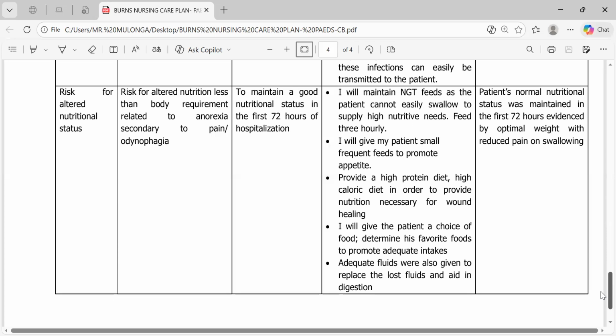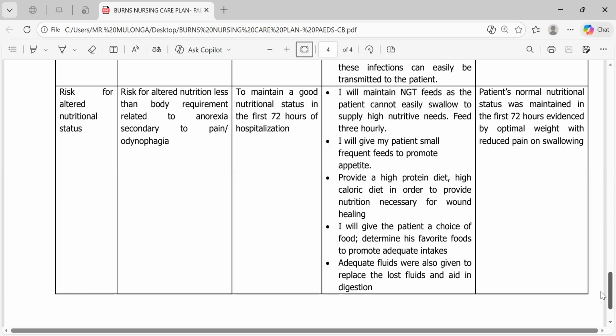So to be specific, especially this one, for risk of altered nutritional status, I added it if this child is having difficulties mostly to eat, or they're having pain when eating. That means that the neck is involved. Get that straight. If the neck is involved, let's say the neck has been bent, you are going to put an NGT tube.